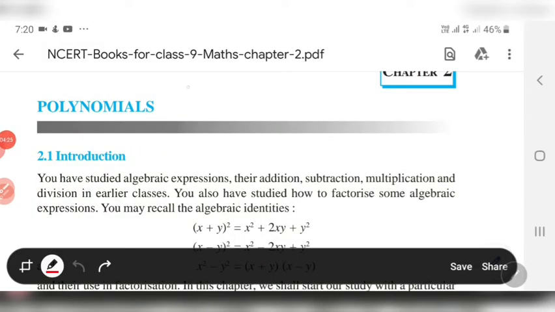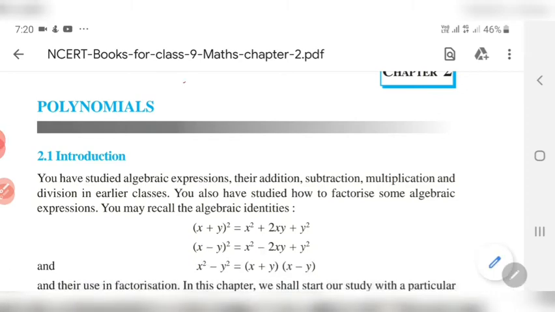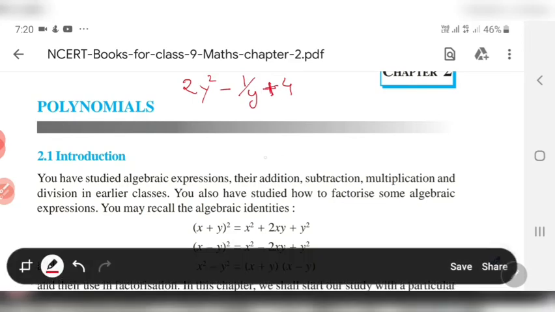So one more example we can take. If it is given 2y square minus 1 by y plus 4, is it a polynomial? So to be a polynomial you have to check what? The variable's exponent. If the variable exponent is a whole number, then only it is a polynomial.